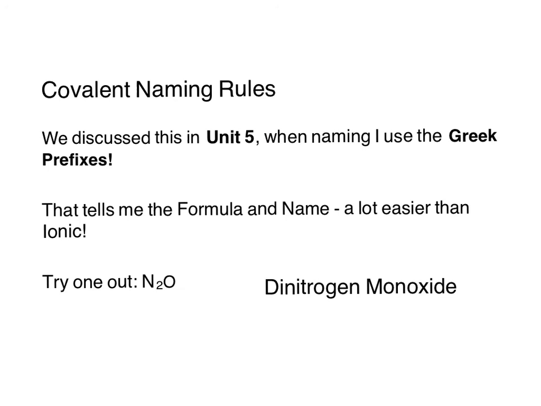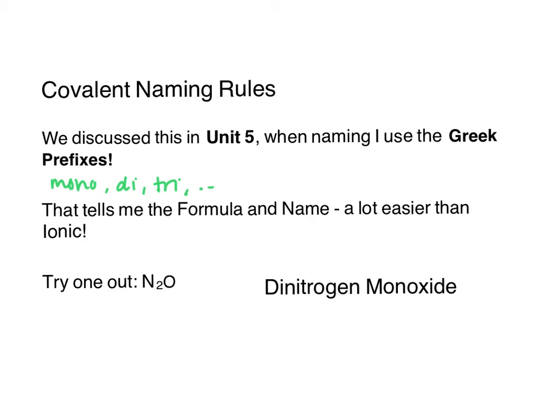With covalent naming, we discussed this in Unit 5, so when I name, you're always going to use those Greek prefixes. Those Greek prefixes, as a reminder, are mono, di, tri, and so on.